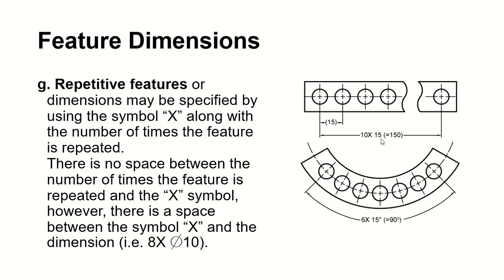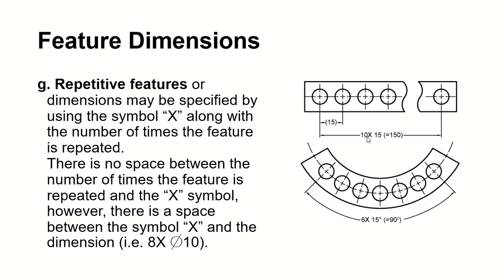So you can see, in order for us to dimension the repetitive features, we use this little X symbol. There's a space between the X symbol and the dimension. Your dimension is 15.